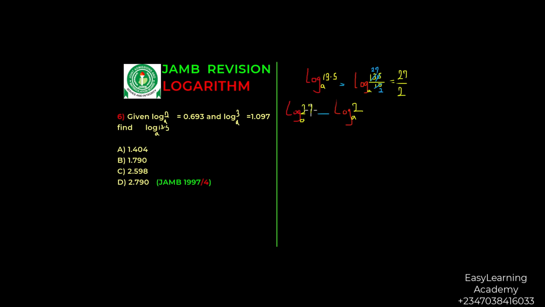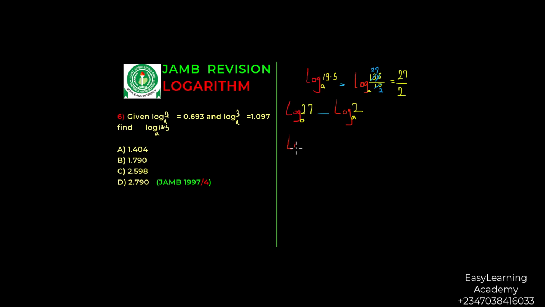So let's try to break down 27. We need the power of 3 that will give us 27, and that will be 3 times 3 times 3.